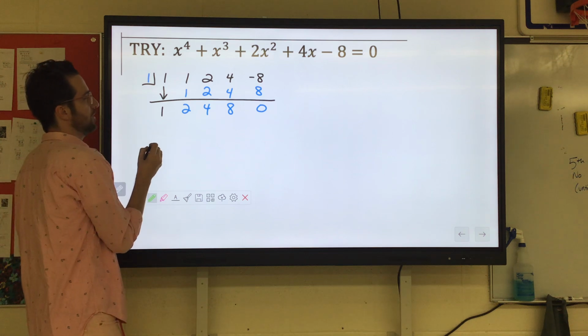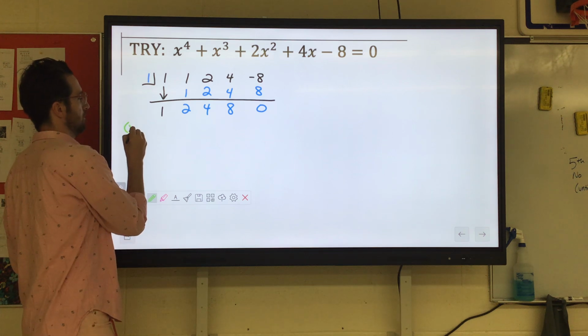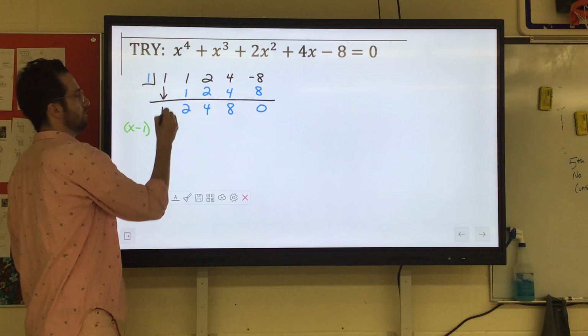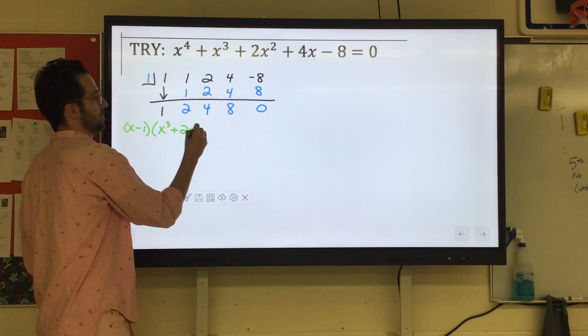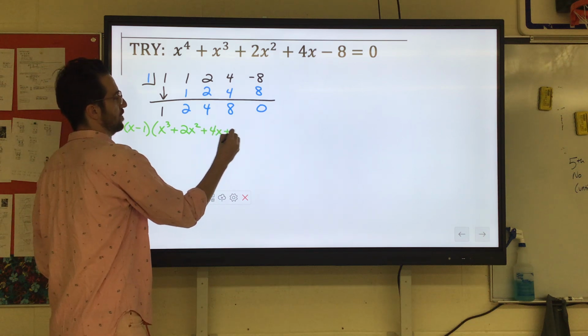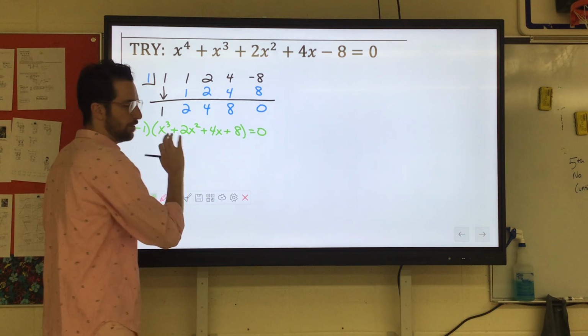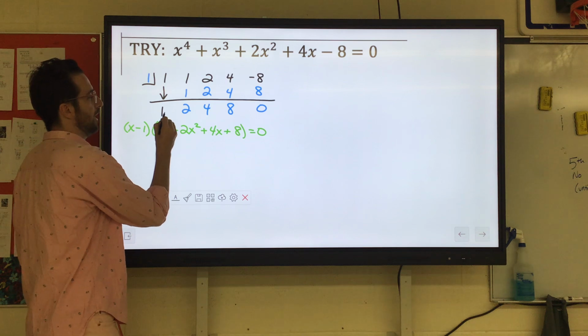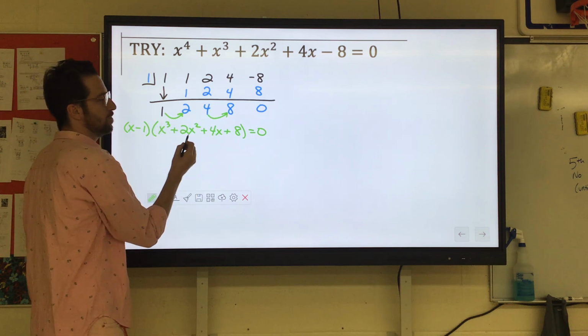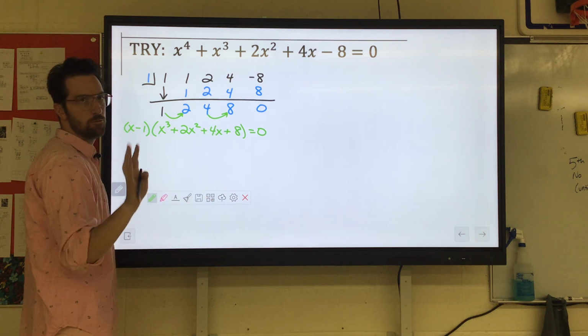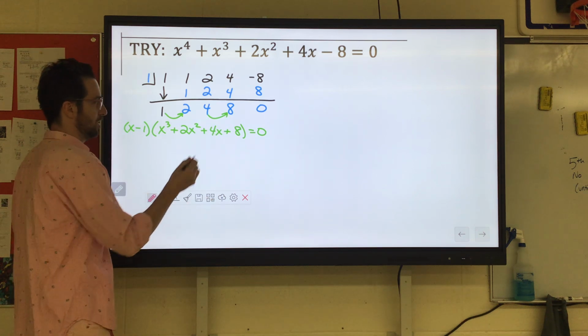So that would be x minus 1. This would bump down to 1x to the third plus 2x to the second plus 4x plus 8 equals 0. If I was legitimately doing this myself, I would check if these are kind of in the same proportion. 1 times 2 is 2, 4 times 2 is 8. That will mean I can do factoring by grouping.